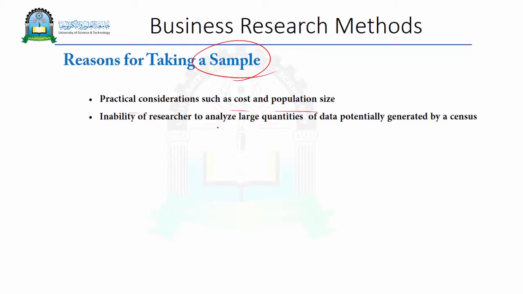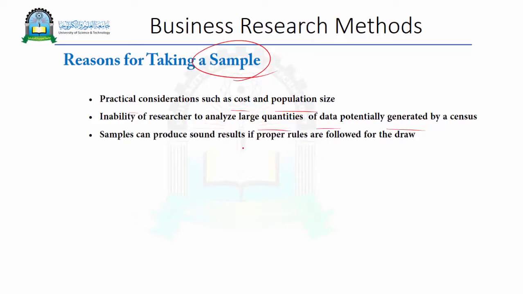Another problem is the inability of researchers to analyze the large quantity of data potentially generated by a census. A large quantity of data is hectic for the researcher to analyze. A sample can produce sound results if proper rules are followed for the draw.